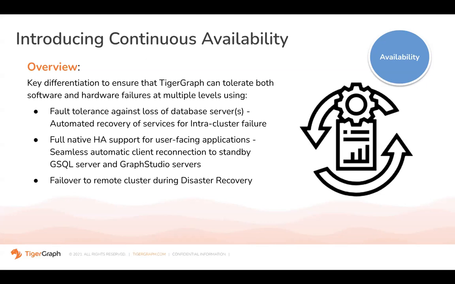I will go into details in the slides next. Basically, this means we want users to have seamless uptime for all their user-facing applications, for example GSQL and Graph Studio, to survive outages at node level. And the last thing is the failover to remote clusters in a disaster.